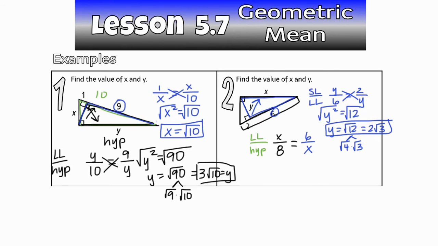Now I'm going to cross multiply, so x squared is equal to 48. Then I'm going to take the square root of each side. To simplify this, that's the square root of 16 times the square root of 3, and so that's going to be 4 square root of 3. So that is equal to x.